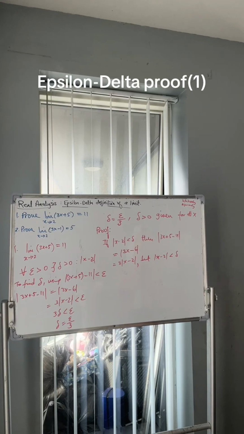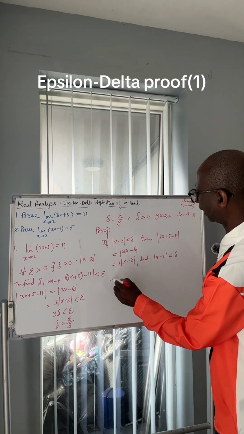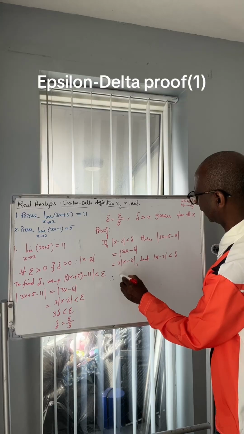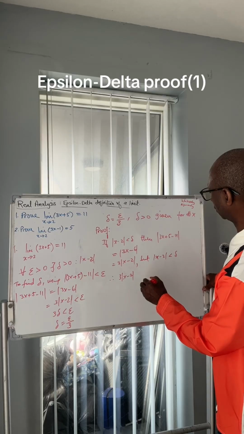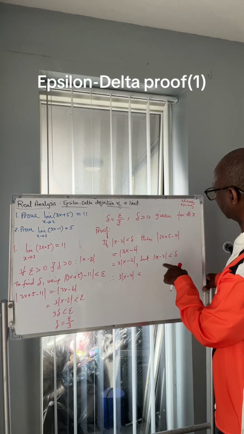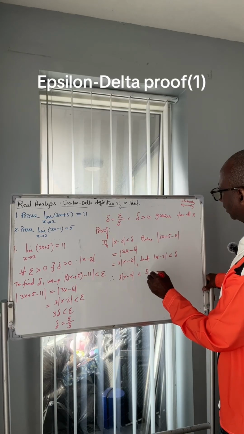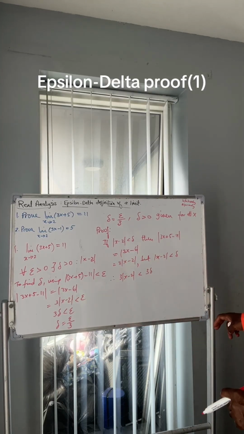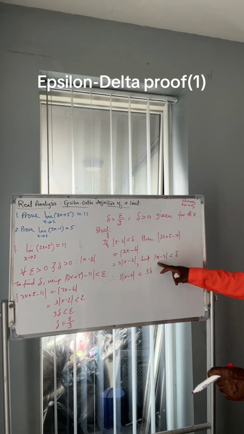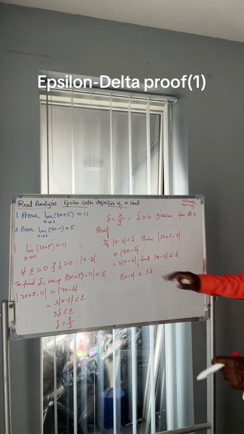Therefore, 3 into x minus 2 is less than 3 delta, because this is delta, so you have 3 here.